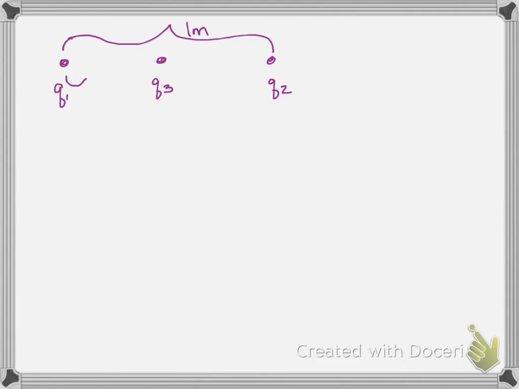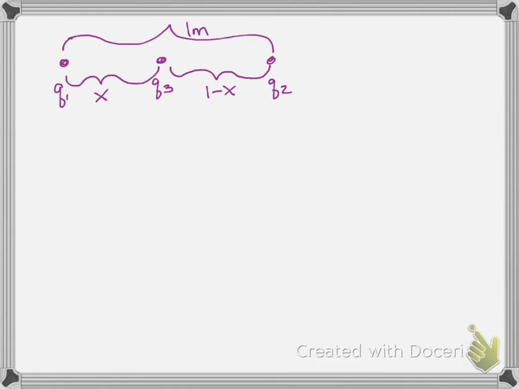So the distance between 1 and 3, we don't know what it is, so we'll call it x. If this is x and this is 1 meter, how can we find the other distance? It's 1 minus x.